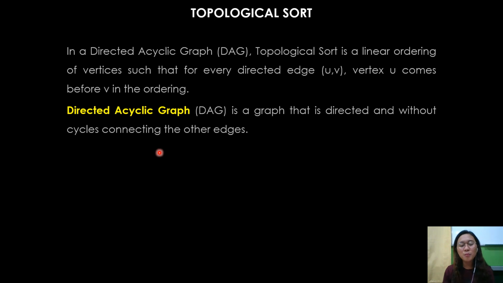So the graph is topologically sorted, where each node is in a certain order. So given a directed acyclic graph, topological sort is a linear ordering of its vertices, such that for every directed edge from vertex u to vertex v, u comes before v in the ordering.